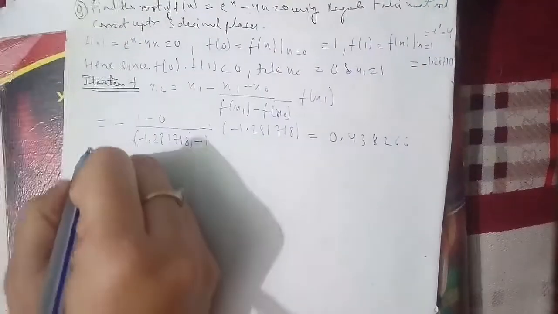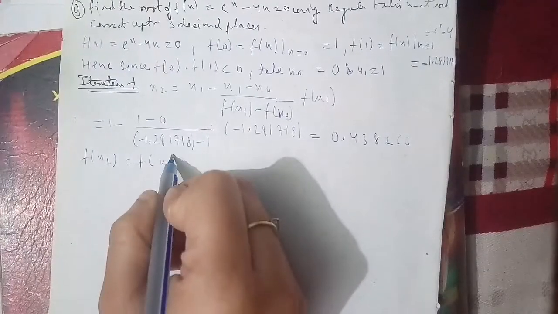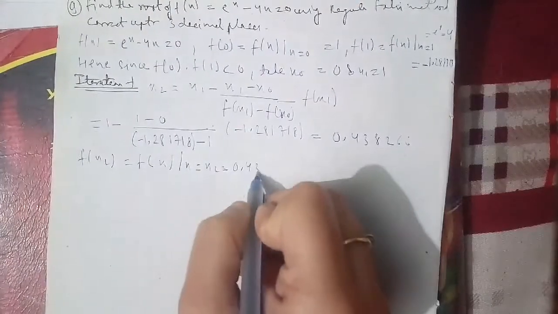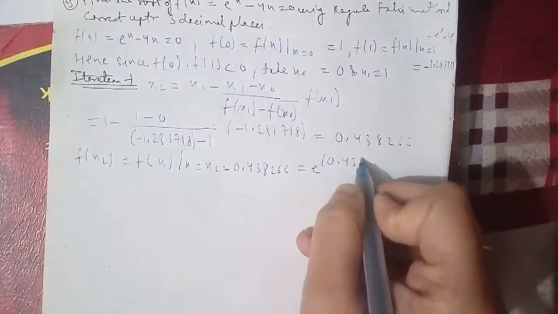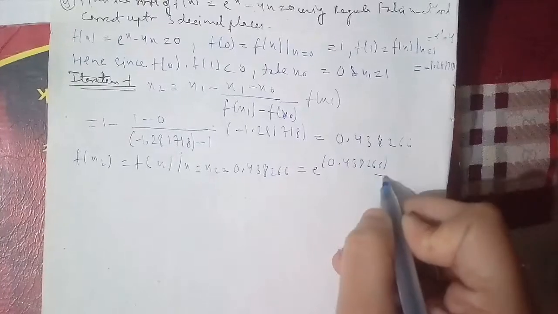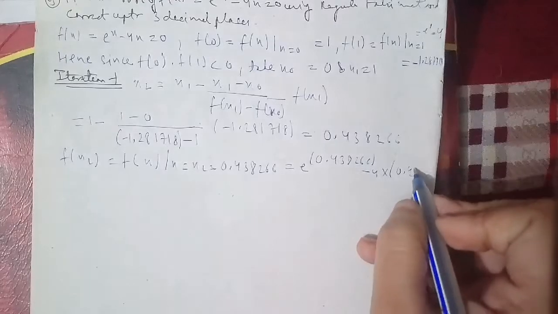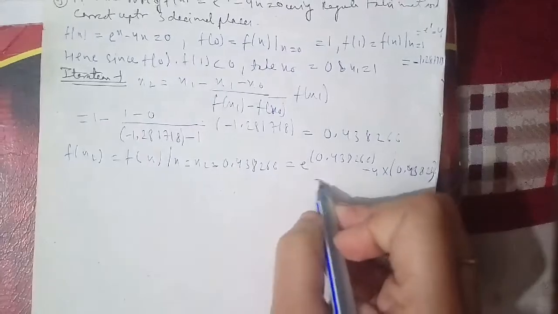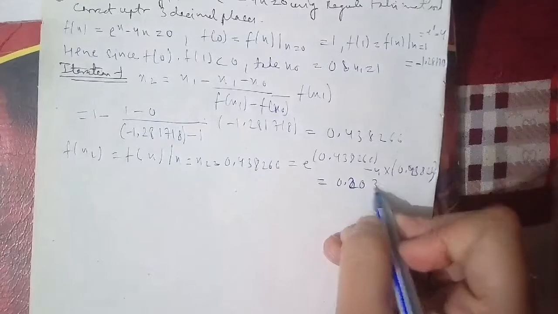For f(x2), x = x2 = 0.438266, so f(x2) = e^0.438266 - 4 * 0.438266, which equals 0.203047.